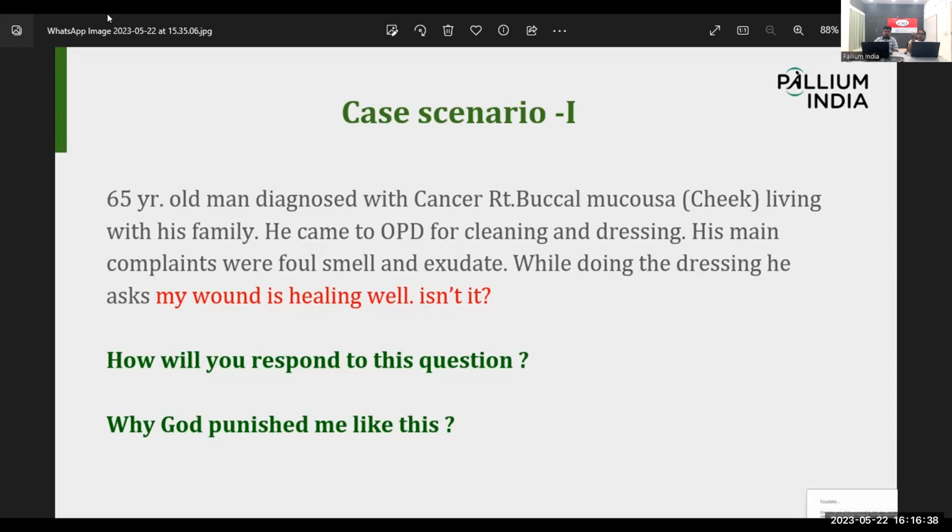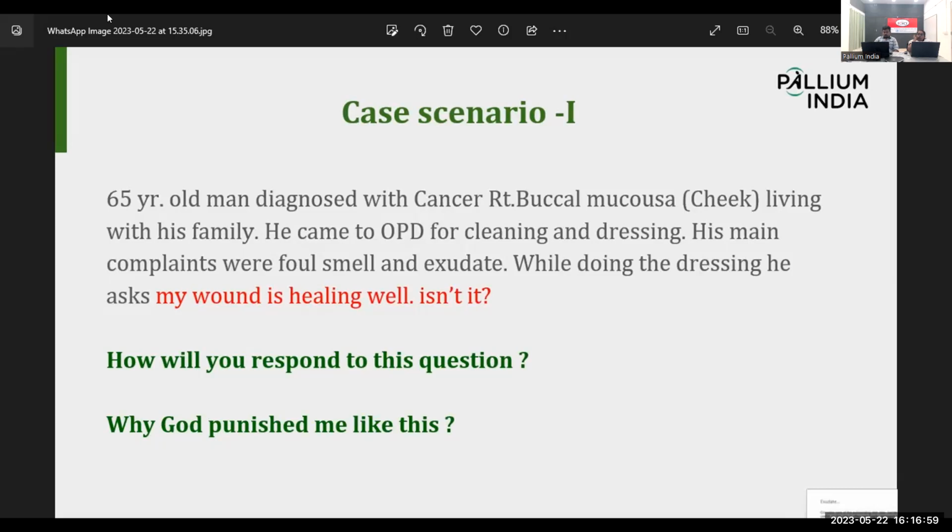And the last one is bleeding. You have to be very careful with cleaning and dressing, because the dressings adhere to the wound. Before removing dressings, you have to soak the old dressing and then try to remove it.